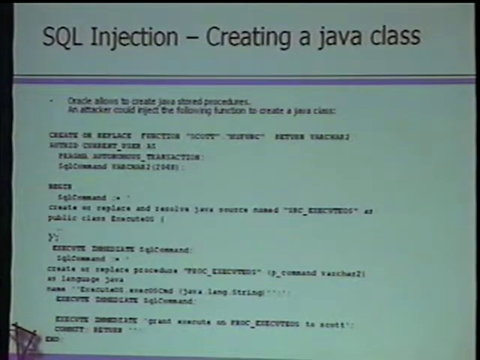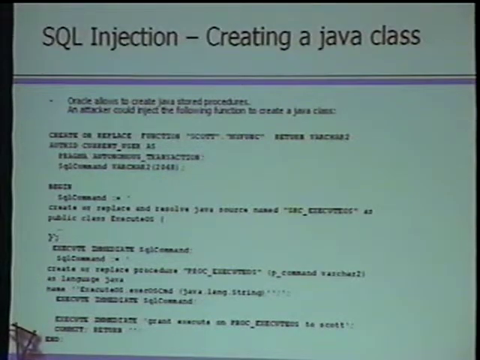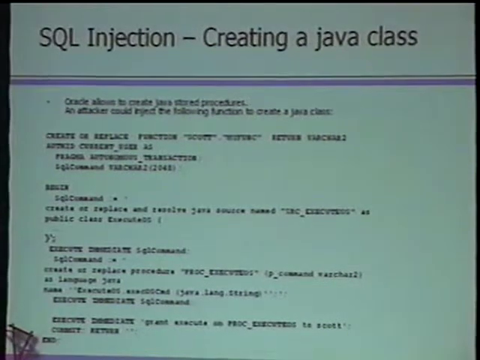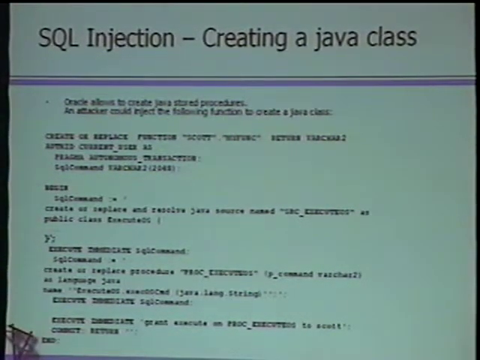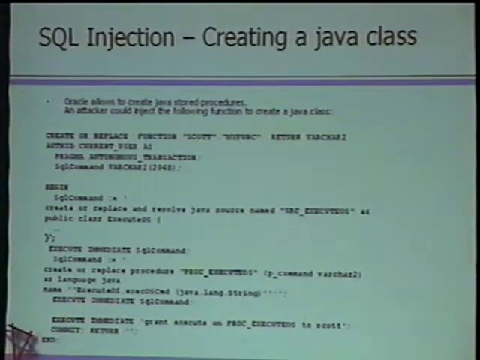To do this, the attacker can create a function that first creates the Java source with the method that contains the malicious code, then publishes the method with a stored procedure that calls the Java method, and then grants execute on this method to the attacker.